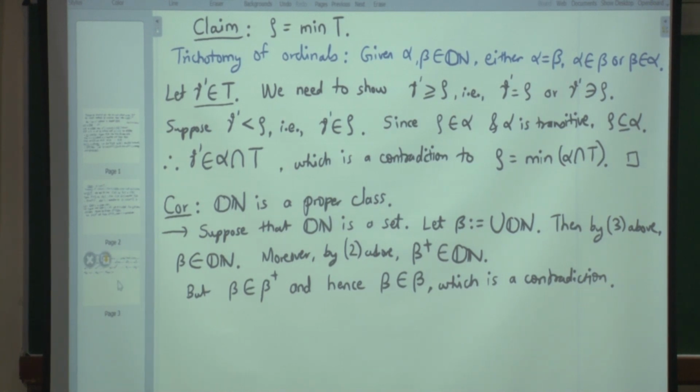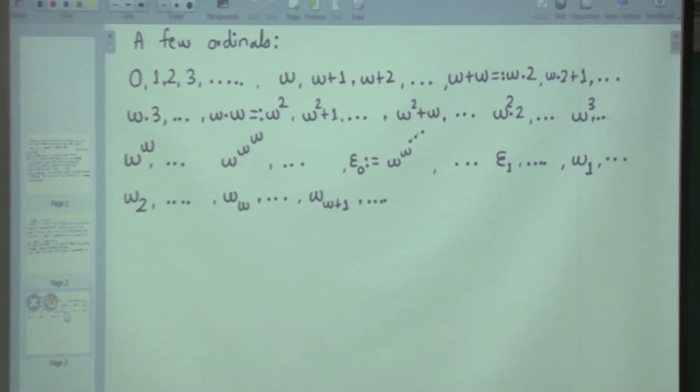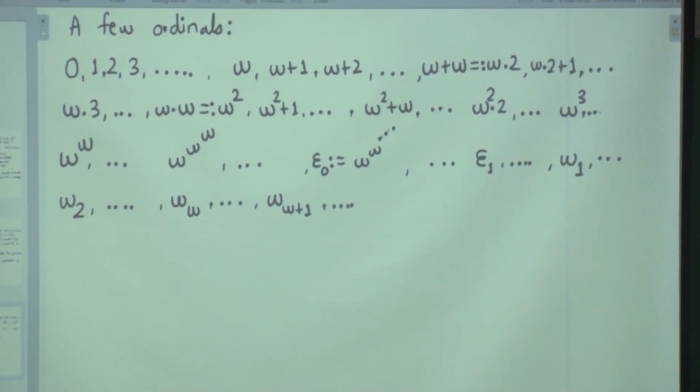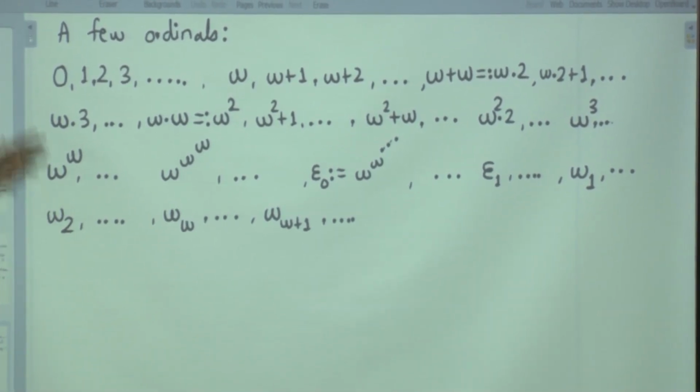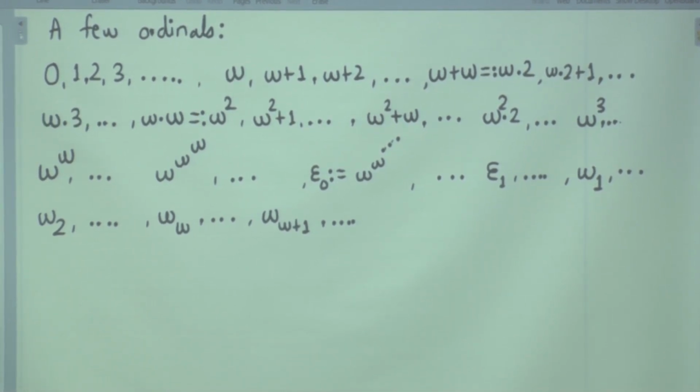Now that we have established this, let us revisit our list. 0 is an ordinal, we established that. Then 1 is an ordinal because of property 2. 1 is 0 plus, 2 is 1 plus, 3 is 2 plus, and then omega is the union of the set of all the natural numbers, so omega is an ordinal.